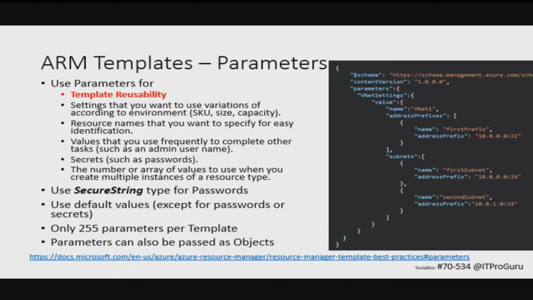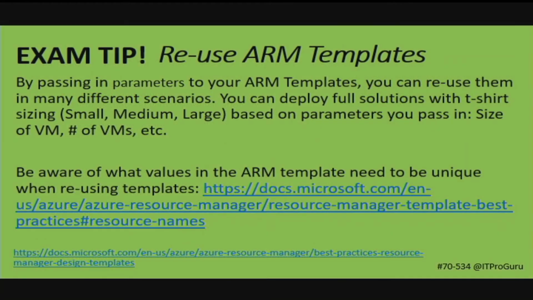So parameters let you customize a generic template. And it's important because, some feedback I heard is the test asks you, how can we make these templates reusable, right? And if I change this or that, will the template still be reusable?